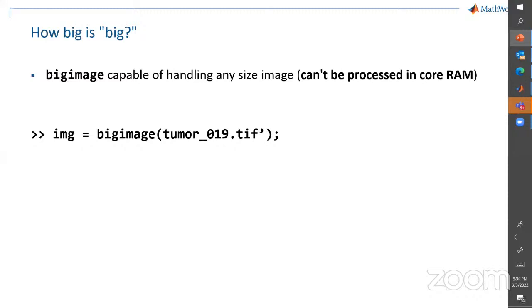To read normal images inside MATLAB, it's imread. For big images, it's bigimage, to read those images. Right. And if I'm not wrong, big image also has something called blocked image on top of it, which facilitates a similar thing.